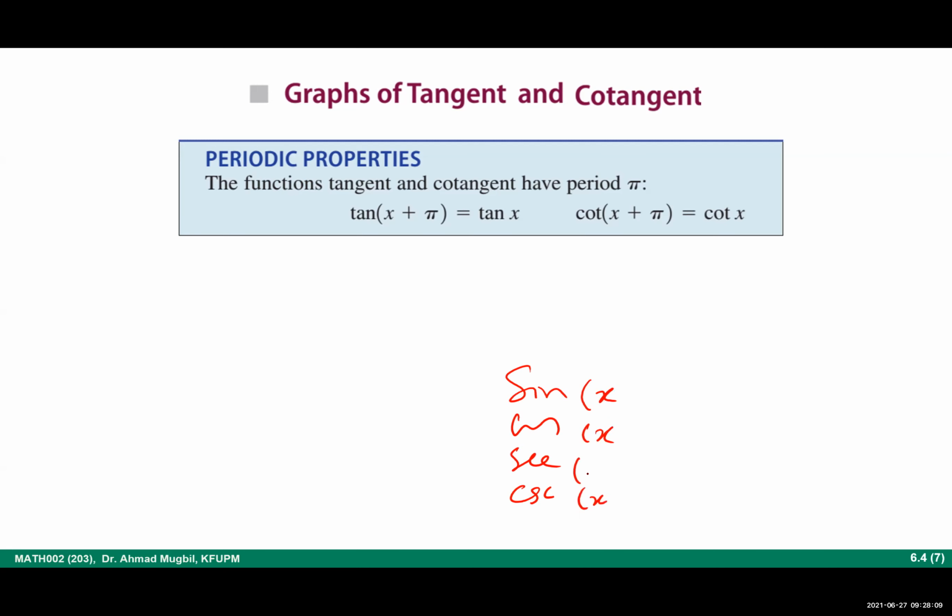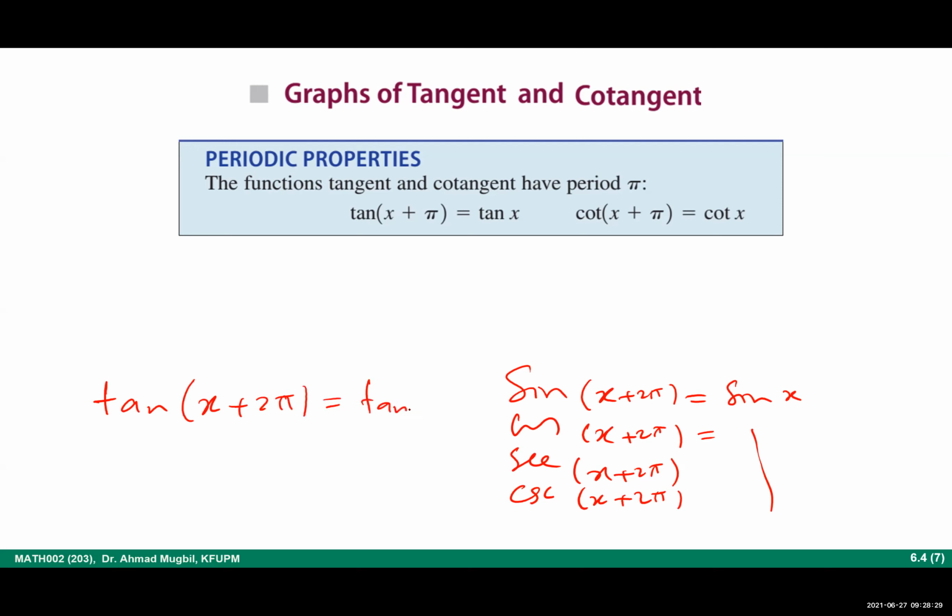If you have x for any of these functions and you add 2 pi, you will get the same function. By the way, this is still the same for tan: tan x plus 2 pi is still tan x. It is also periodic, the same for cotan.